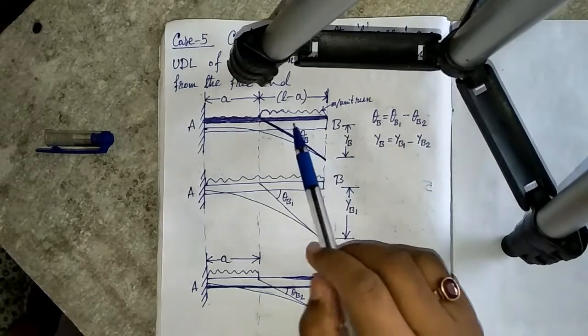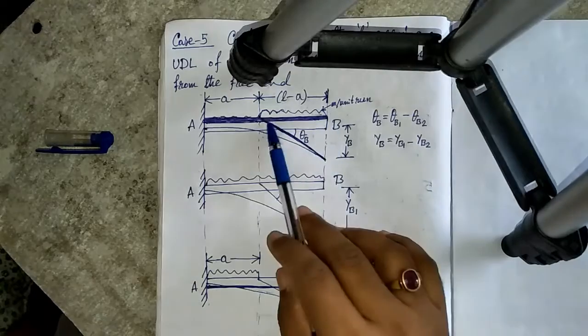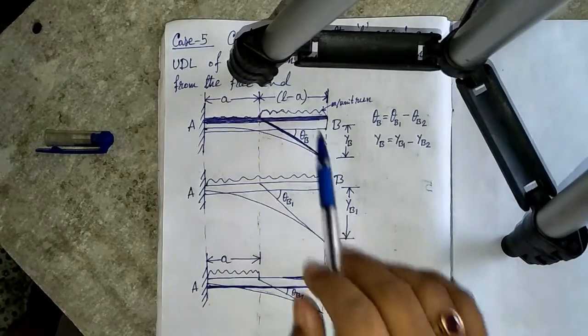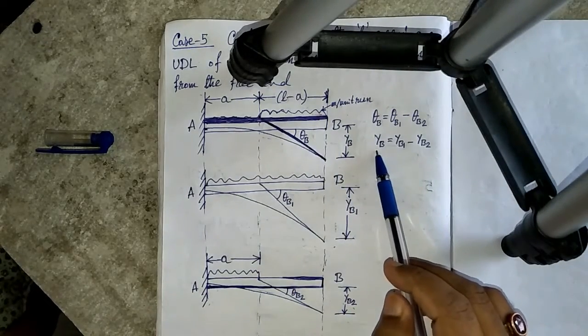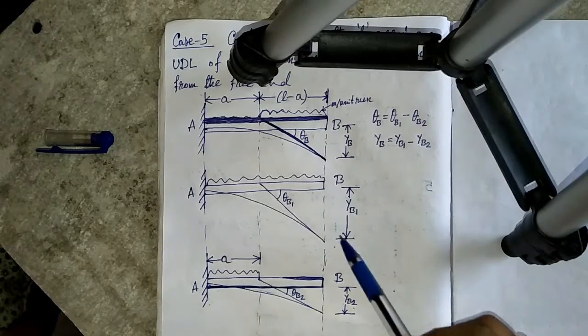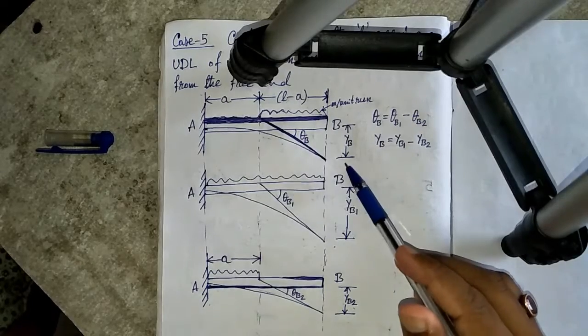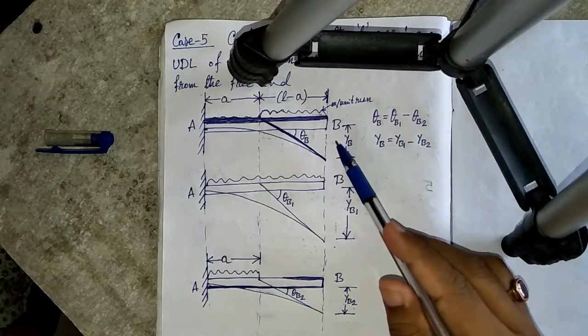So to find the deflection for the first case, that means UDL from the free end at a span L minus a, we just subtract, that is yb1 minus yb2. We subtract this deflection minus this deflection, so we get this one.